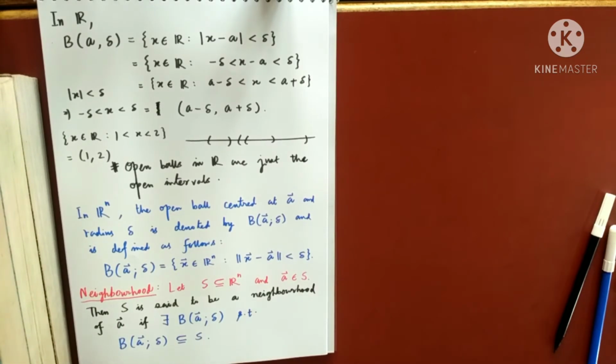So when will I say a set is a neighborhood of a point? When I can find some open ball having center A and radius delta such that this whole open ball fits inside the set S. So just to go through the definition, I'll give you some examples to clear things out.